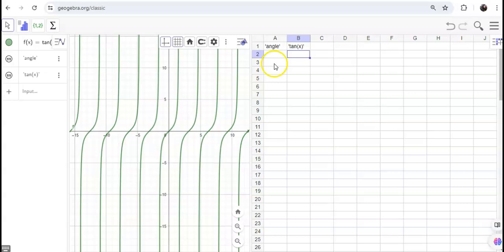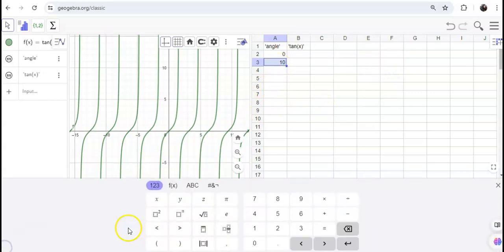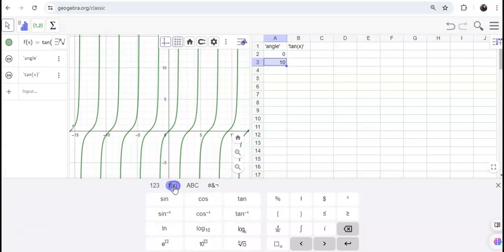We just enter the angles from 0 degrees to 180 degrees, in steps of 10. So make sure to add a degree symbol, okay, because 10 is different from 10 degrees. So we say 10 degrees.